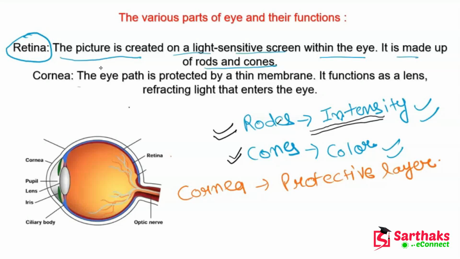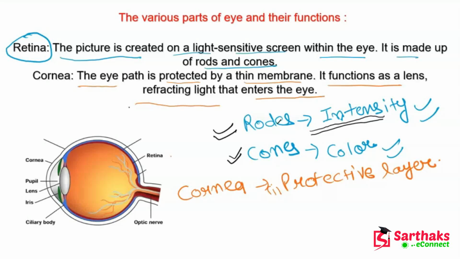So you can say the eye is protected by a thin membrane. It functions as a lens refracting light that enters the eye. Two points to remember in this case: it protects our eyes, because if light directly touches this lens, then a part of the eye can be damaged.